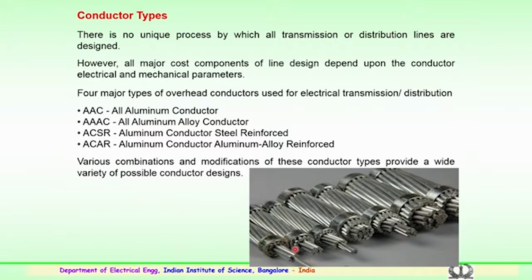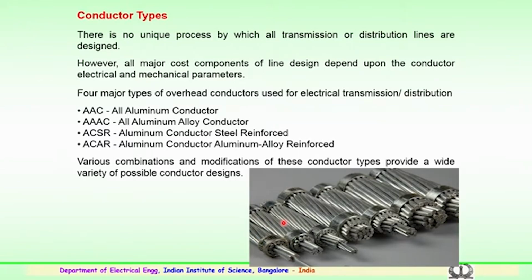So, the 4 major types of overhead conductors mainly used for transmission and distribution, for medium, low or high voltage systems, are AAC, that is all aluminum conductors; the second is AAAC, that is all aluminum alloy conductors; then ACSR, aluminum conductor steel reinforced, with a steel conductor in the middle; and ACAR, aluminum conductor aluminum alloy reinforced.